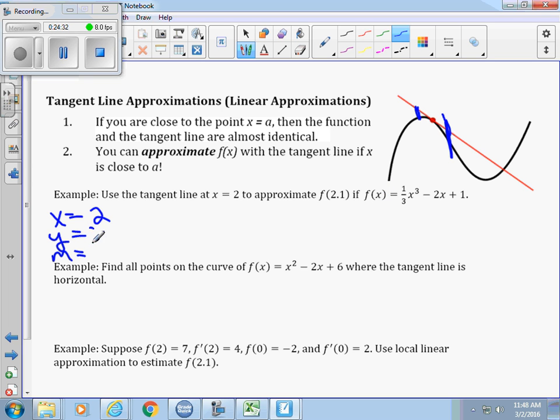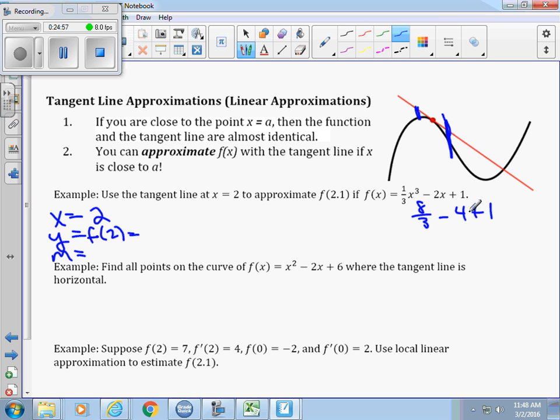So y is f of 2, which is 8/3 minus 4 plus 1. This is 12/3, right? Everyone agree? Yeah.